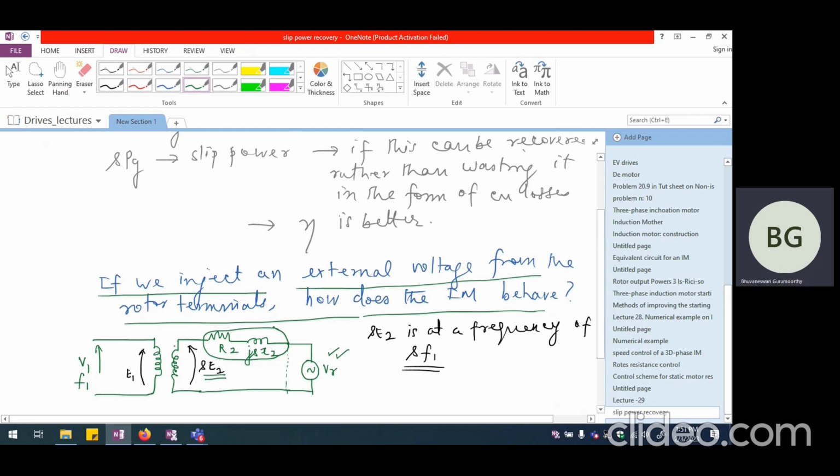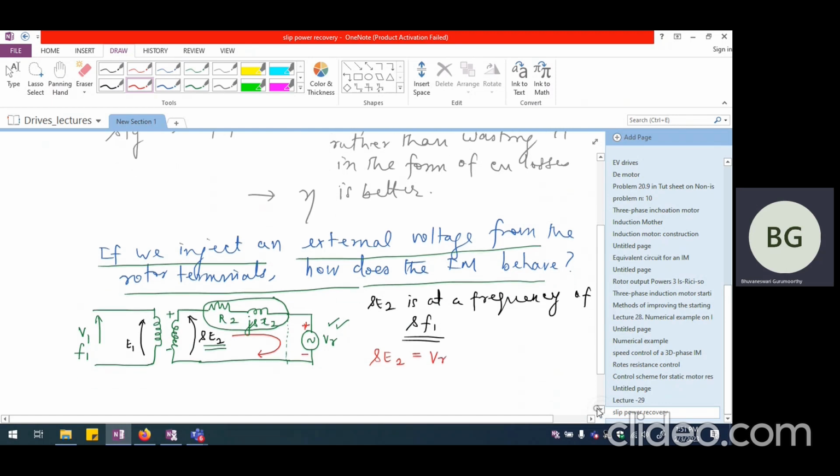And if I say that this is going to be plus and this is going to be minus, and I want the rotor current flowing here to be zero, I should have this plus and this minus. And we should have S E2 equal to VR.